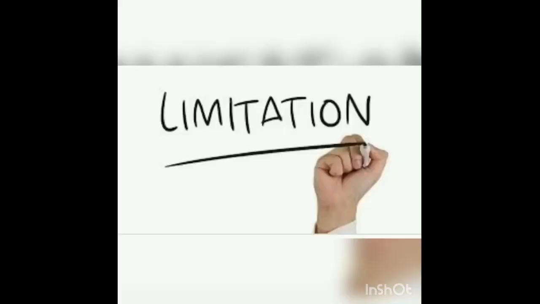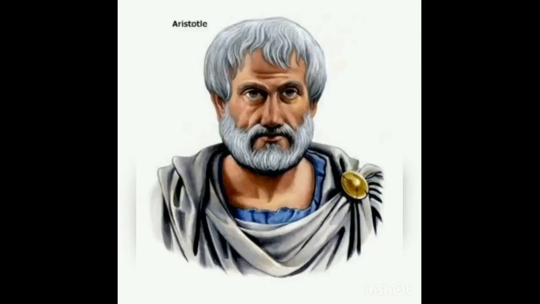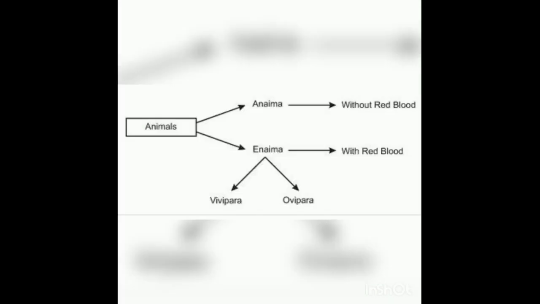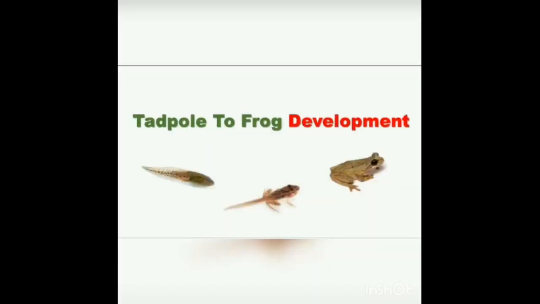There are some limitations in Aristotle's system of classification. We know Aristotle is the father of classical taxonomy, and he classified animals based on the presence or absence of RBC. So there is a limitation. Example for that is the tadpole of a frog.